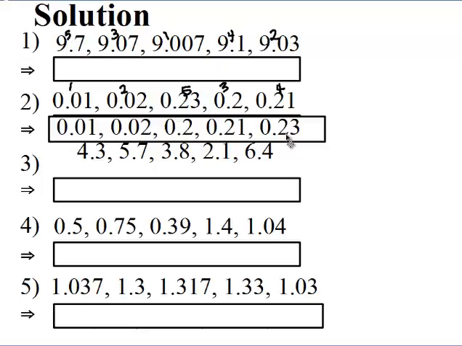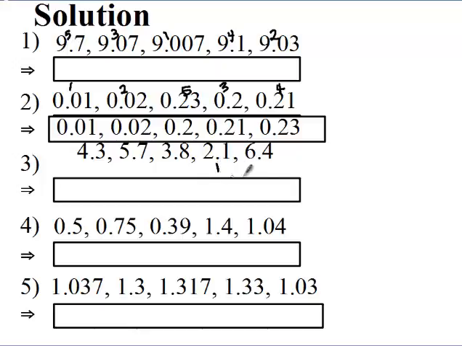Let's move on to the third one. We have 4.3, 5.7, 3.8, 2.1, and 6.4. Comparing their whole number parts, 2 is the smallest, and 2.1 is the smallest number.